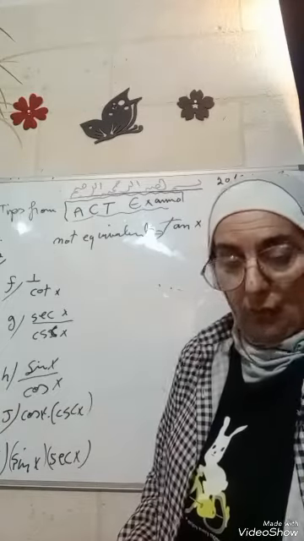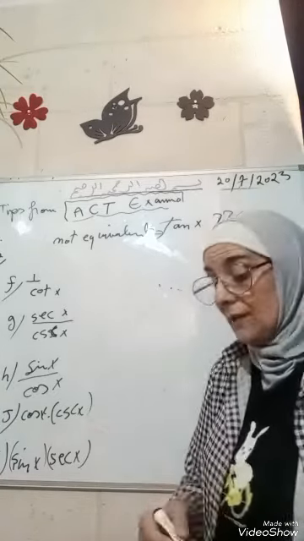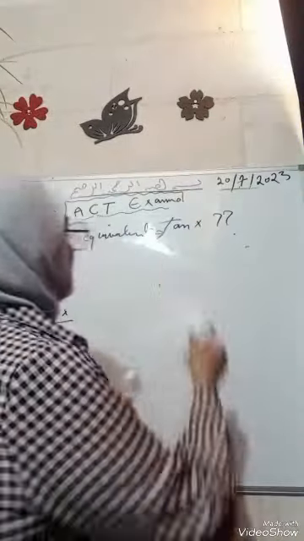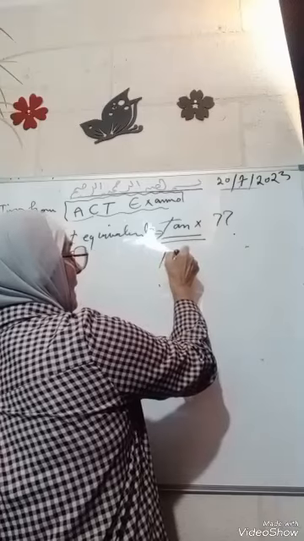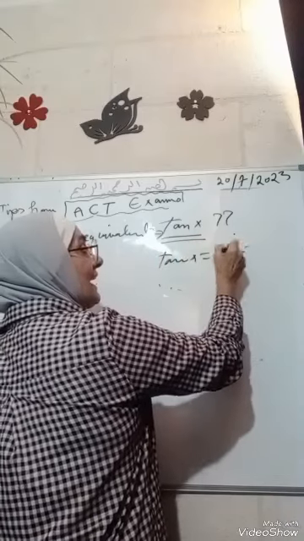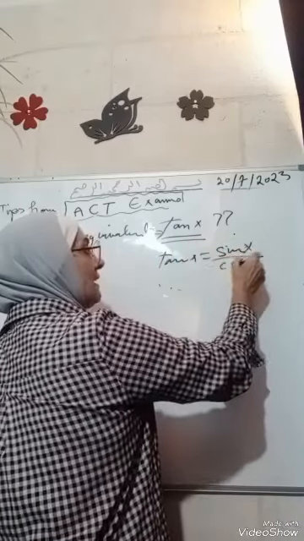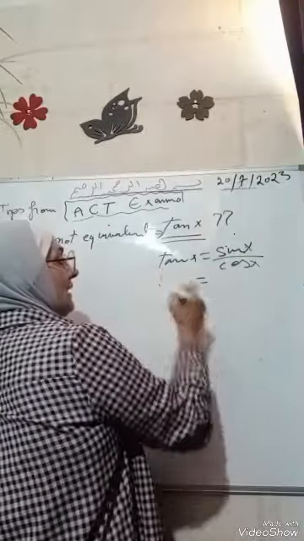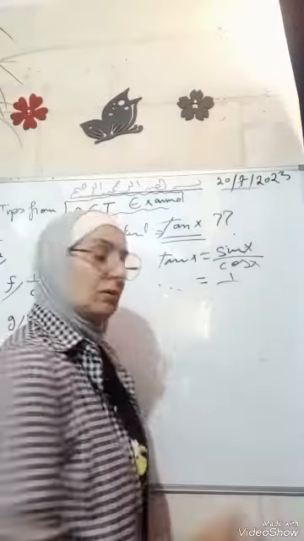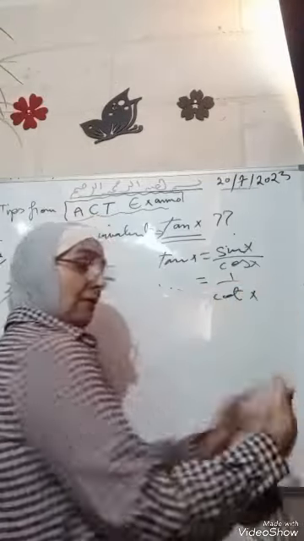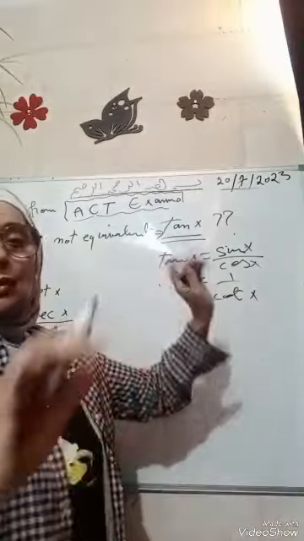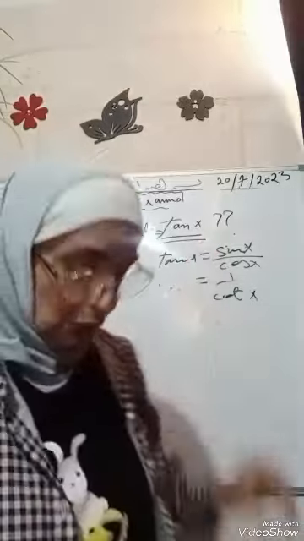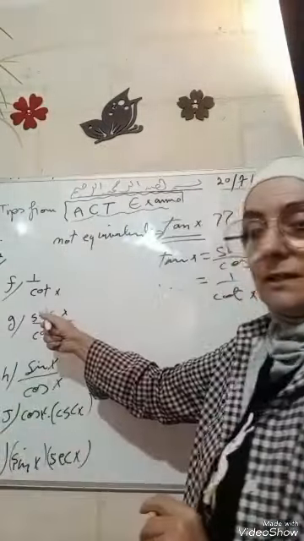So, where's the trick? What is tangent x? We know the law about tangent x, which is tangent x equals sine x over cosine x. And we can say also tangent x equals 1 over cotangent x, the reciprocal. This is what we know about tangent x. So these two answers I need to eliminate.